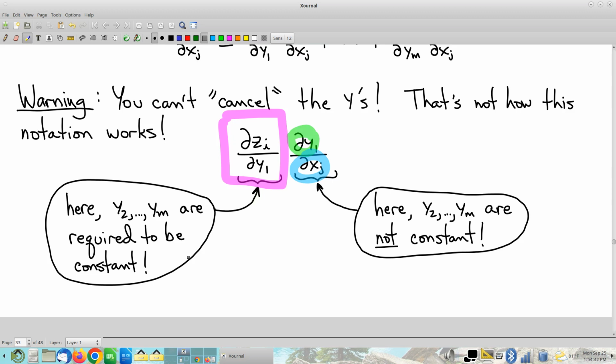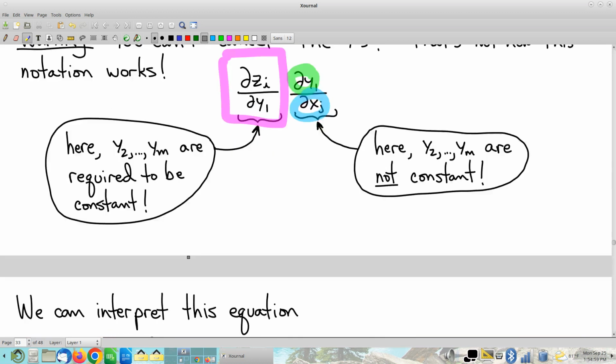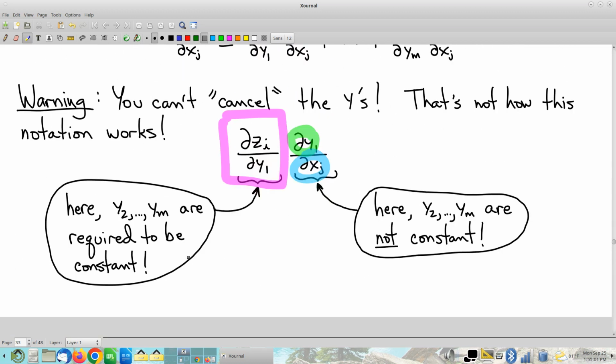So again, each one of them in some sense represents how much y1 changes in a certain scenario, but they're different scenarios. Is everybody happy? Okay. So don't make the mistake of thinking that you can cancel these. It just absolutely doesn't make any sense.